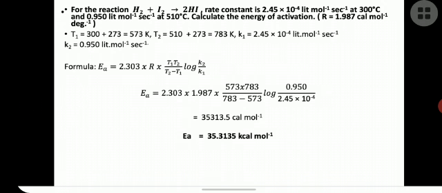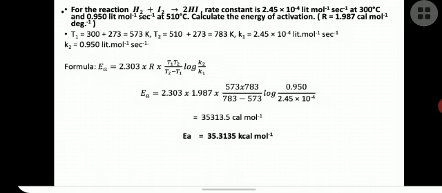Then the formula to determine the energy of activation is EA is equal to 2.303 into R into T1 T2 upon T2 minus T1 into log of K2 upon K1.